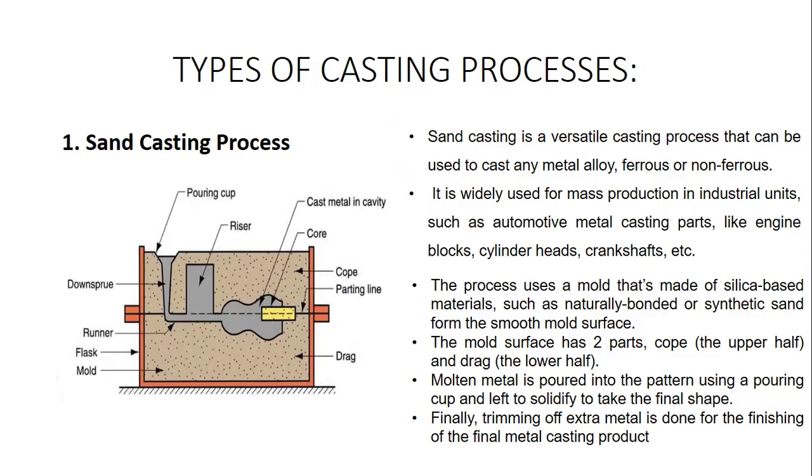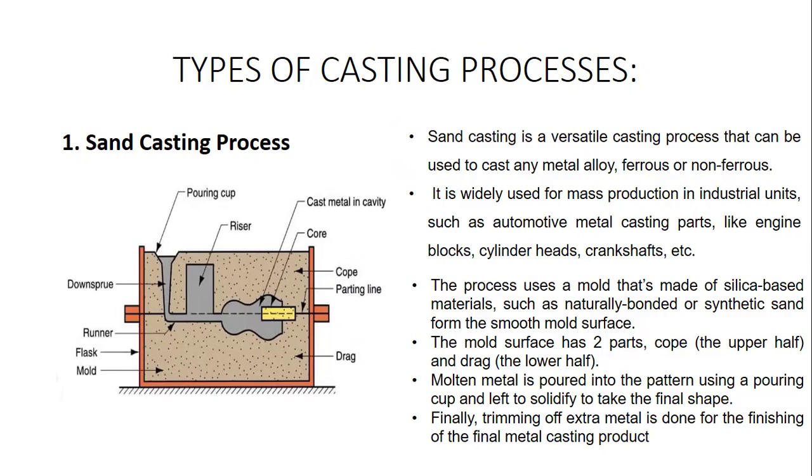What are the different types of casting process that are available in the industry, that we will see as a literature survey. Here, 10 different types of casting process are taken, and each casting process has its unique advantages and disadvantages.